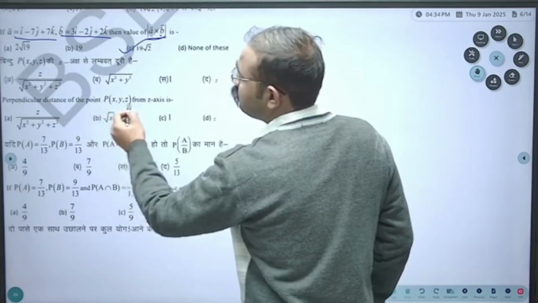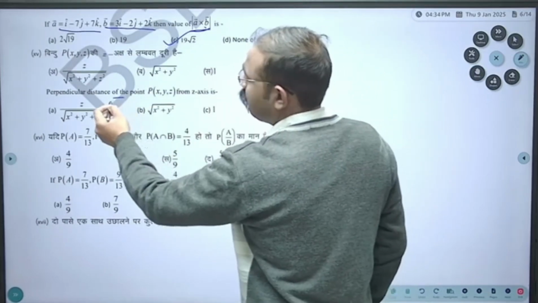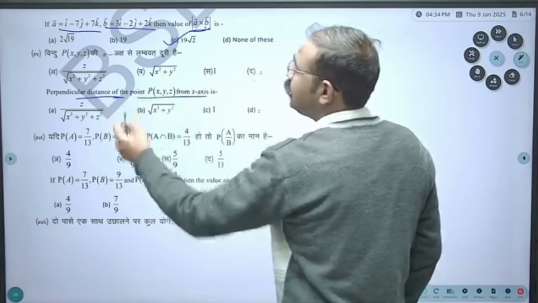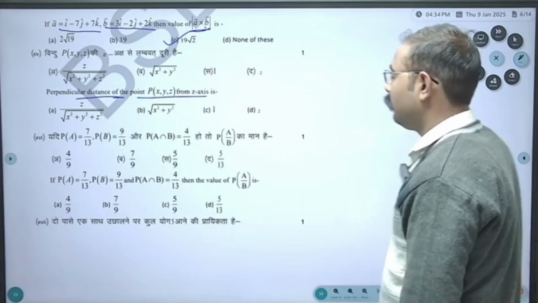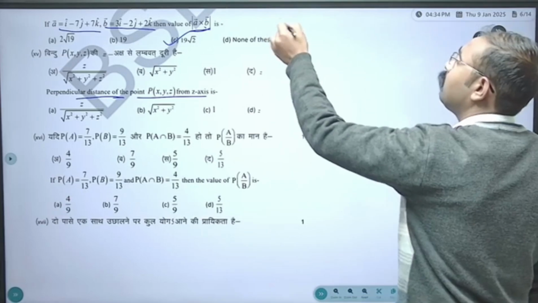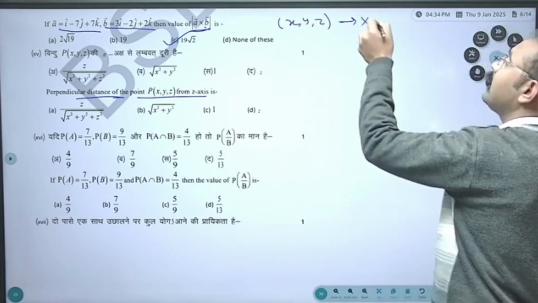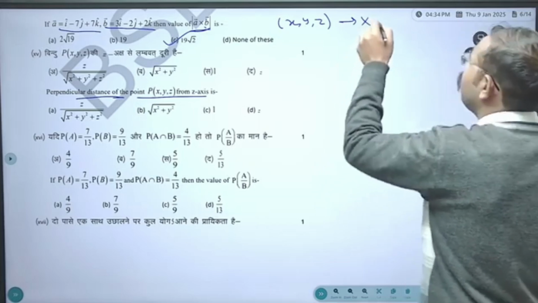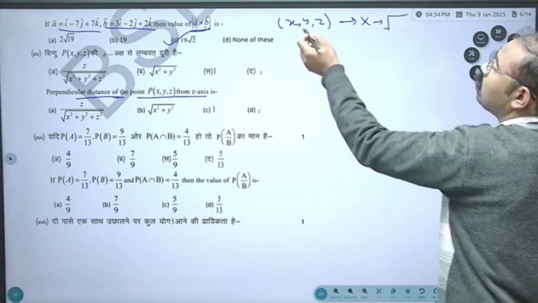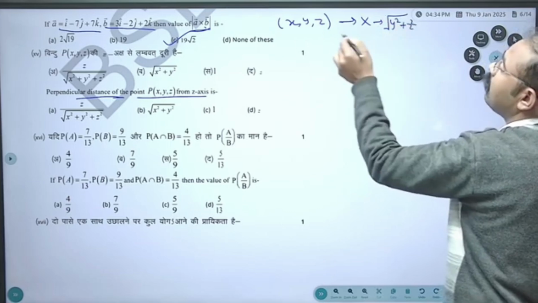Next is perpendicular distance. Perpendicular distance of the point from z axis. Suppose a point is x, y, z, and we want its perpendicular distance from x axis. For this, leave x coordinate, square root of y square plus z square.